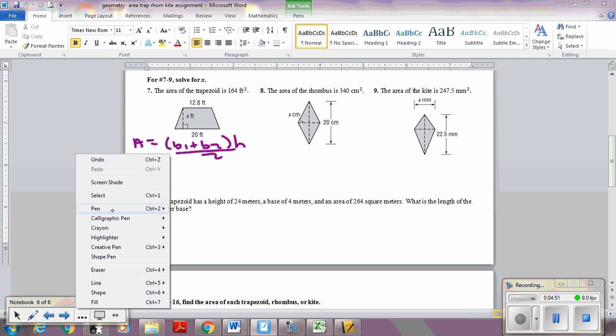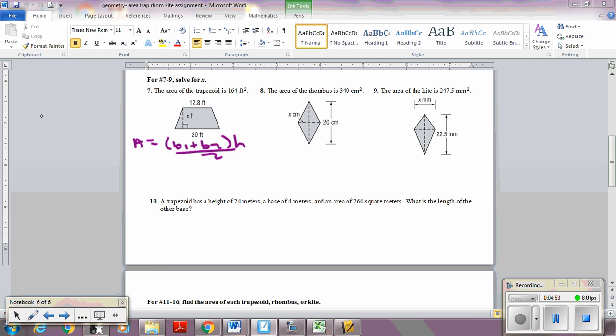And then you replace the area with 164. You replace the bases with 12.8 and 20, and it's over 2.